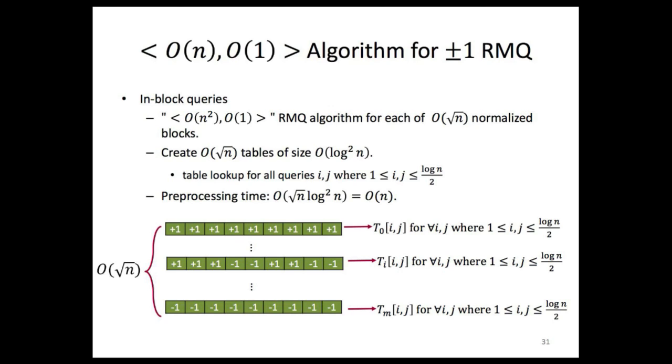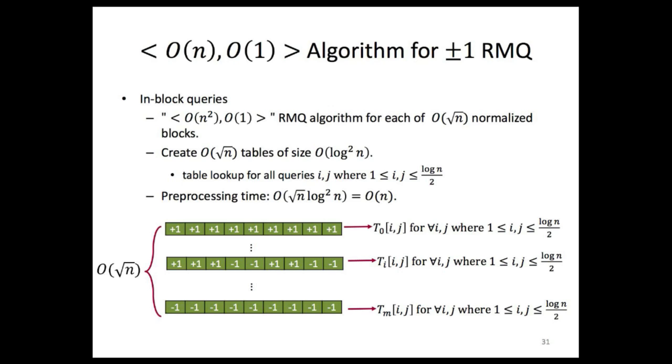And what you get here is these vectors, which most of the time would be repeated because you would have repeating structures in your trees, but not necessarily, but still you would have O of under root n individual normalized blocks, and you can do the regular old lookup, and you would get your answer.